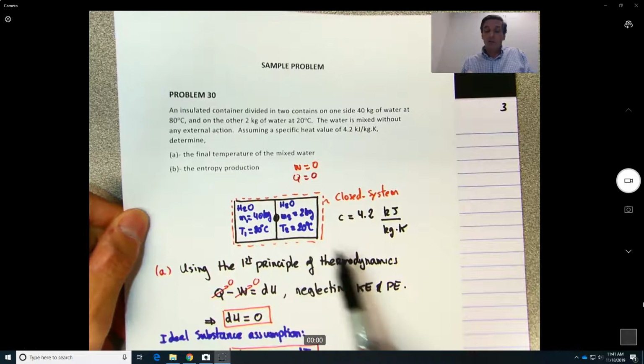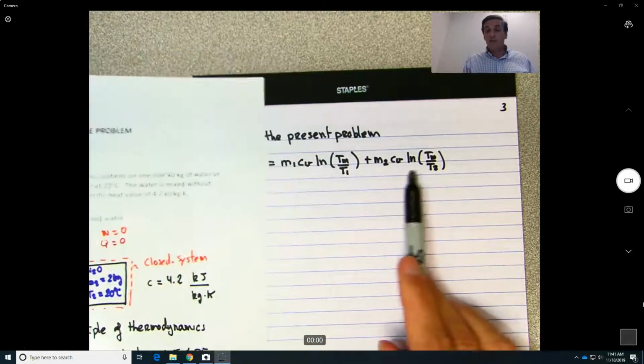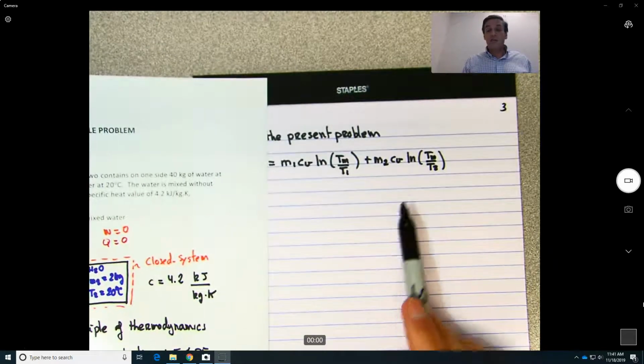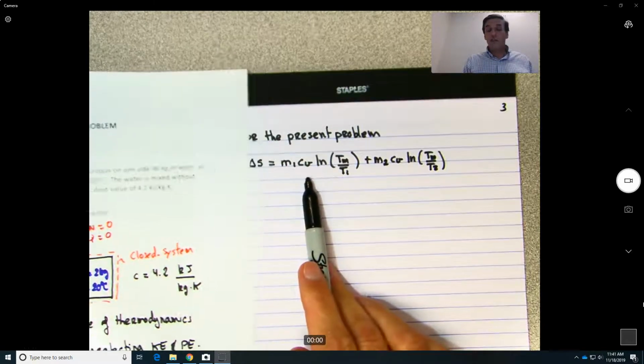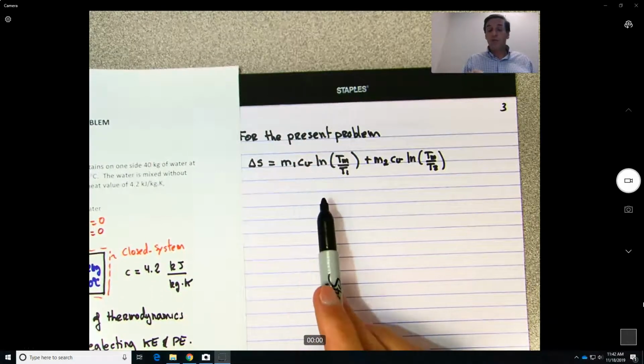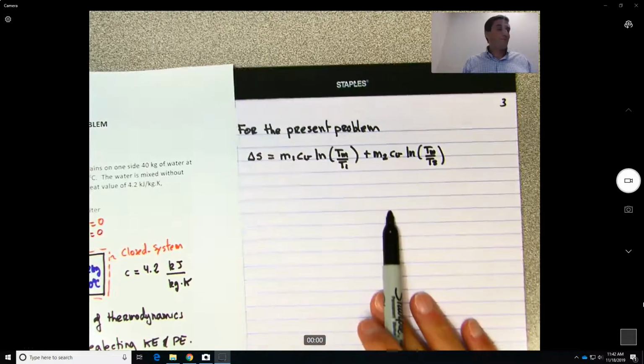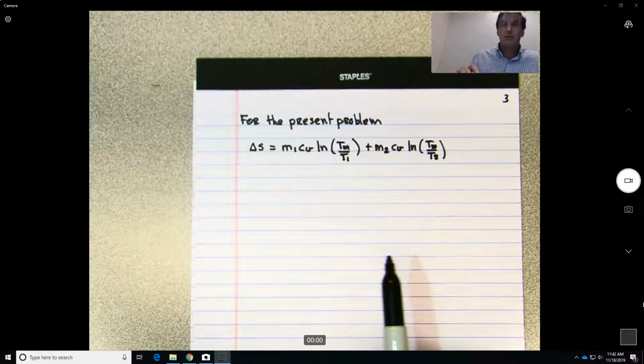The temperature is going to go up to what? 77.14 we had. So this term should be gaining. So this one should be losing entropy, this one should be gaining. But both of them cannot be equal to 0. We know that this needs to be always greater or equal to 0. Okay, so let's see what happens.